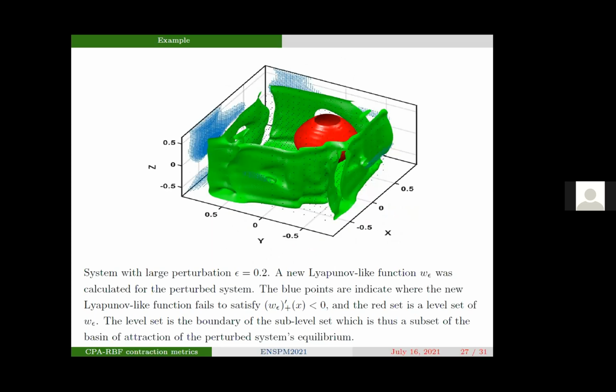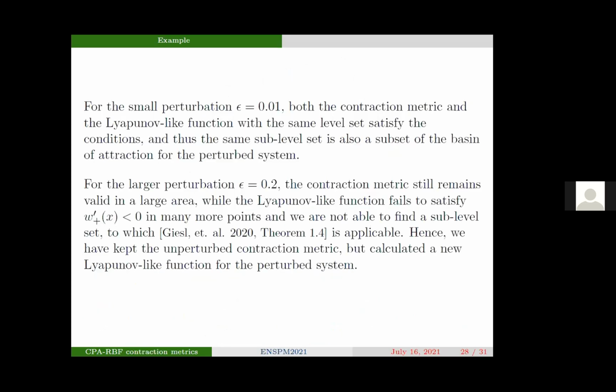So you see that for the small perturbation, both methods seem not so sensitive with respect to perturbations, but for bigger ones, the contraction metric was still robust with respect to perturbation, while the other one failed.